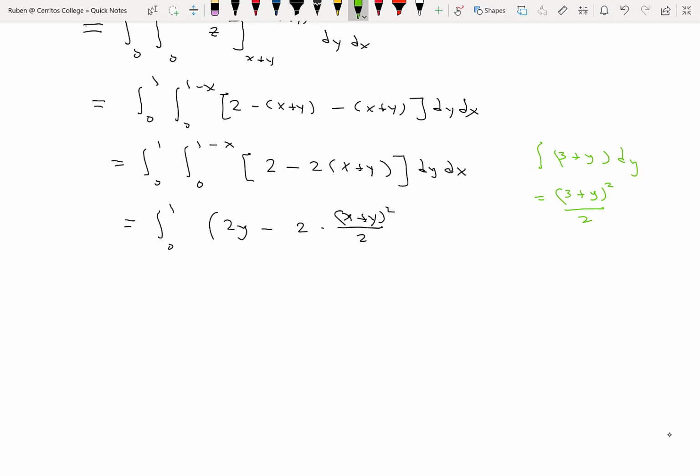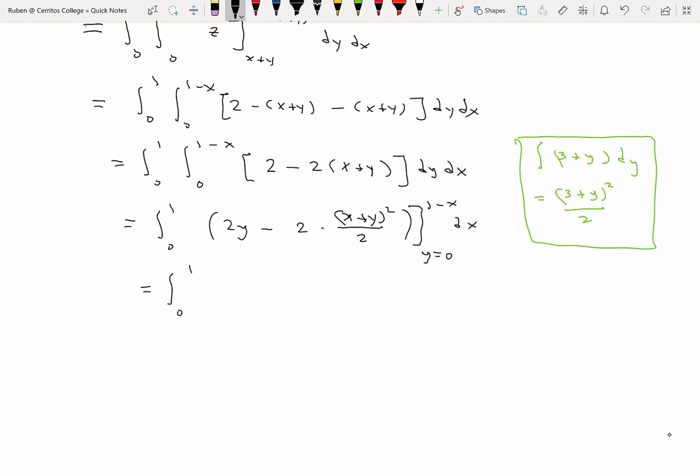We could have also integrated it as 3y plus y squared over 2, but there's nothing wrong with holding the 3 and the y locked in place and then integrating with a u substitution of u equals 3 plus y. So for the same reason, don't get too hung up on this. If this bothers you, you can rework this integral from this point and just distribute the 2 through the x and y, and there's nothing wrong with that.